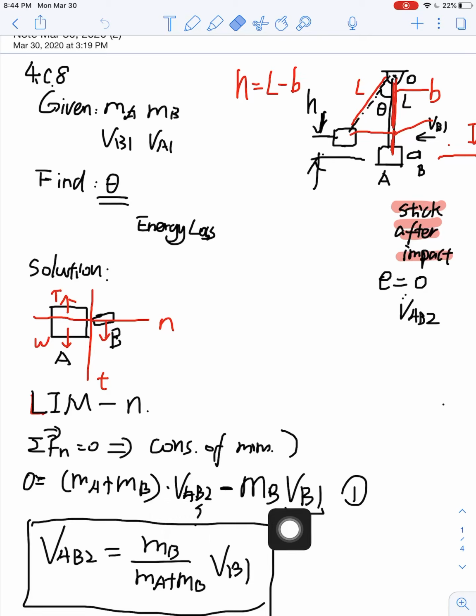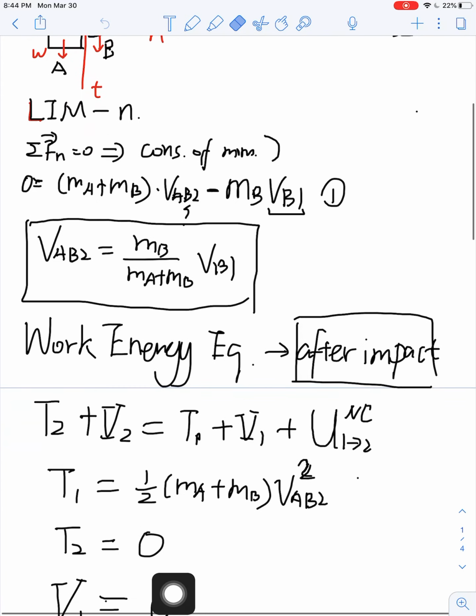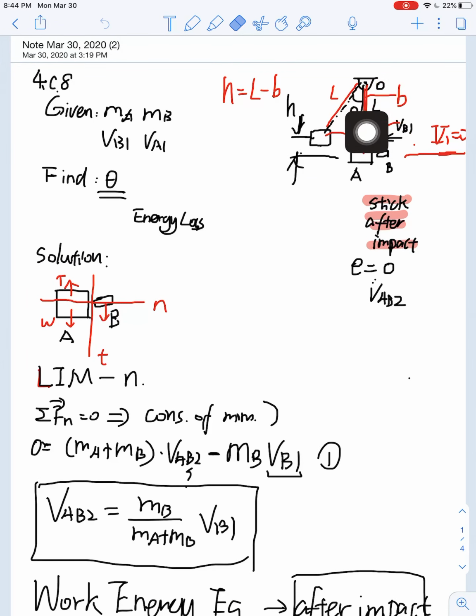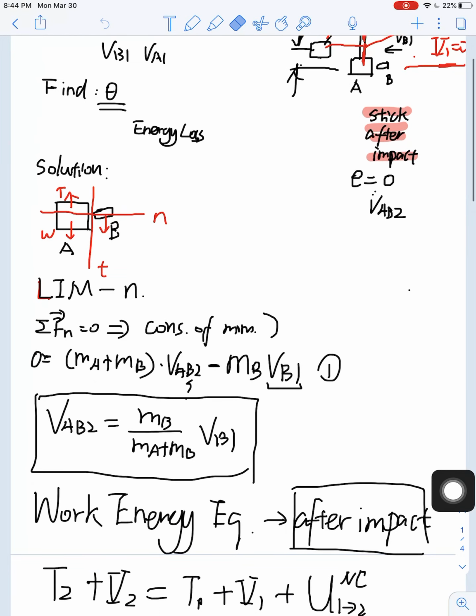The only unknown here is VAB2. We know VB1, we know MA and MB, and we can solve for VAB2. But this is not what this problem is asking for. We need to find what is the theta this arm will swing after the impact.